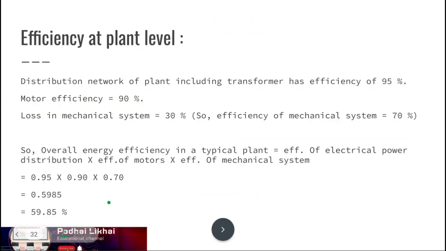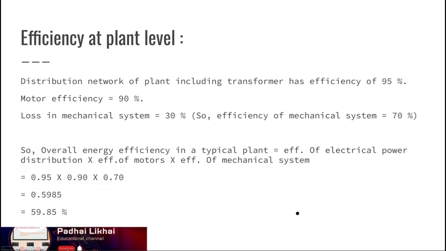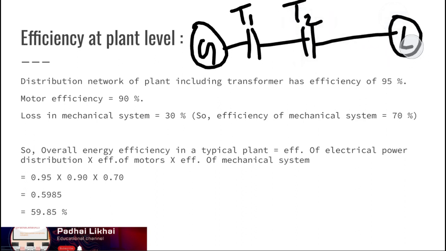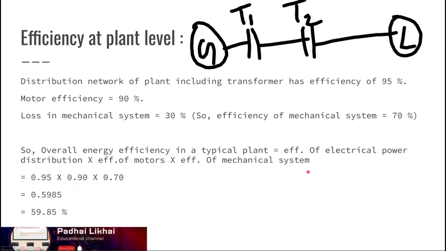Okay. Now, what is the efficiency at the plant level? Now we are interested in knowing efficiency up to the plant level. Means here the generating station, here it is T1, then it is T2, then there is load. So we are now interested in knowing the efficiency.